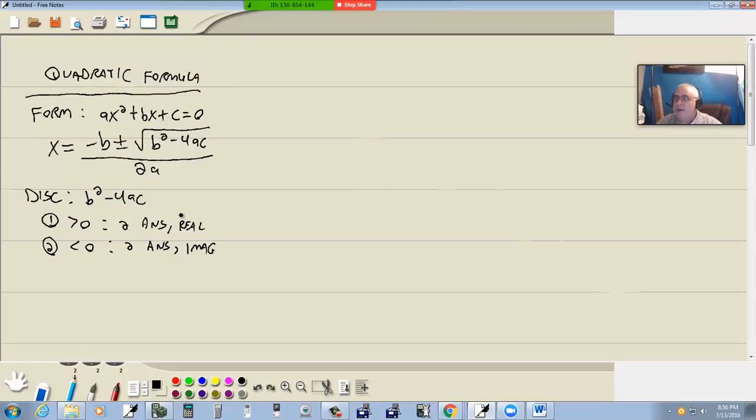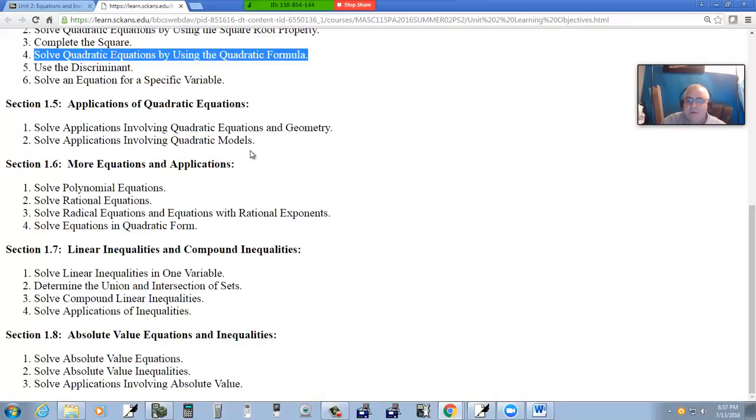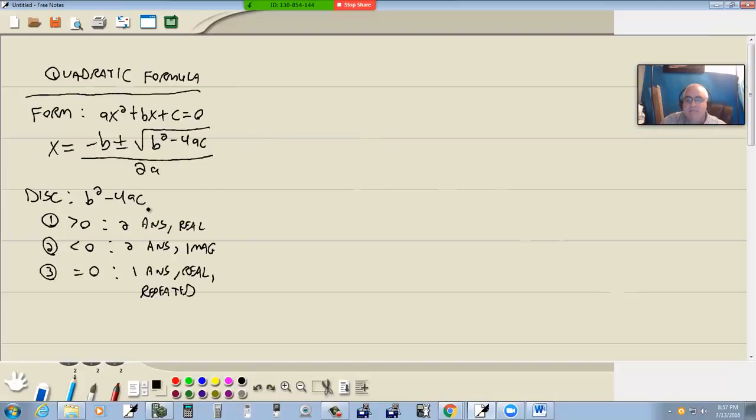Remember a standard form like 3 plus 2i? And your third is where it's equal to 0. You're going to have one answer, it'll be real, and it'll be repeated. I see myself running out of time, so that's why I'm not going to show the discriminant, besides just listing it there.